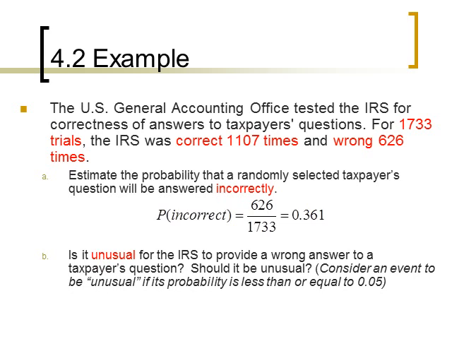So let's go ahead and look at the next step in this question. Is it unusual for the IRS to provide a wrong answer to a taxpayer's question? Should it be unusual? Now, when we answer these questions about unusual events, we need to always remember that an event is unusual if it's less than or equal to 0.05, which is 5%.